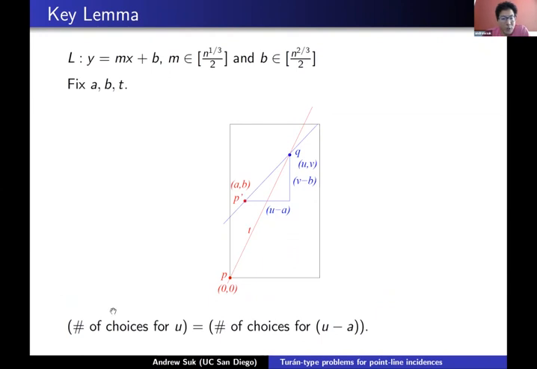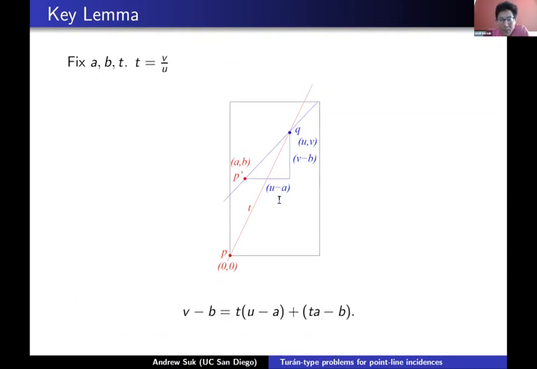Okay, so the way we'll count the number of choices for u, we'll actually count the number of choices for u minus a, this distance here. And this part here won't be very intuitive, but you can easily check it, which is that this distance here, v minus b, will equal this quantity here.